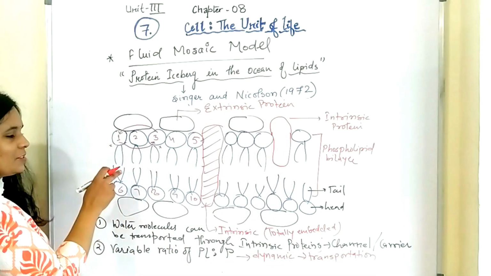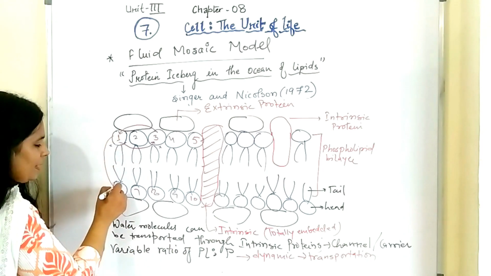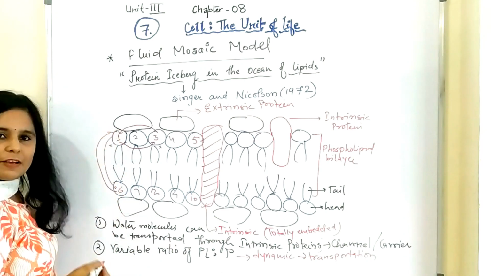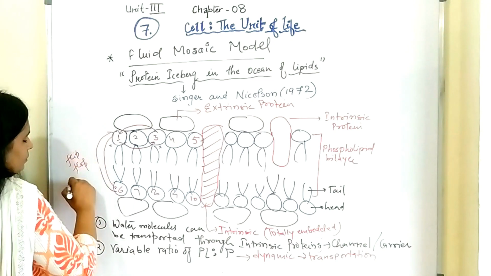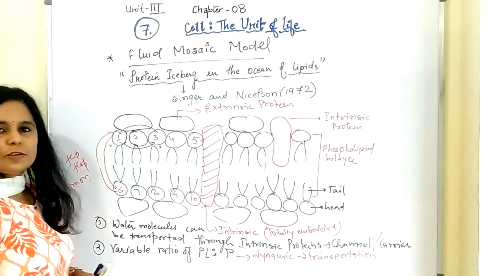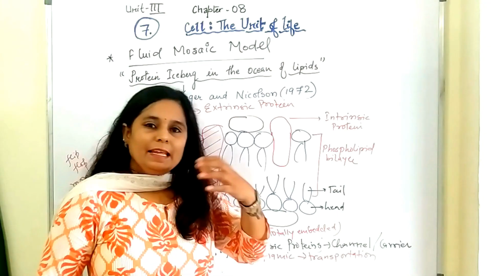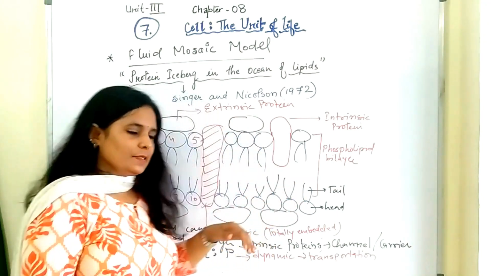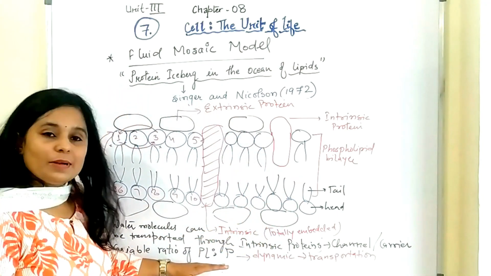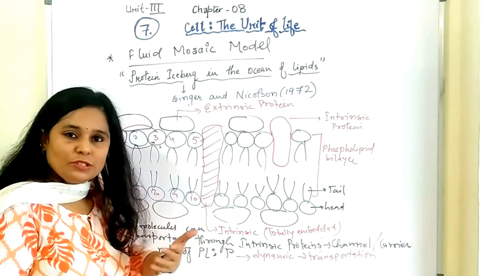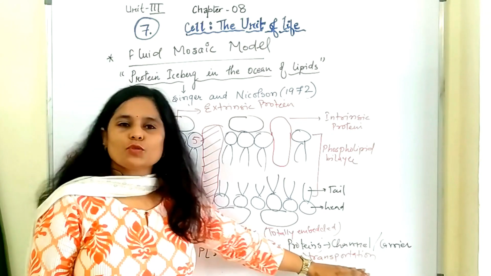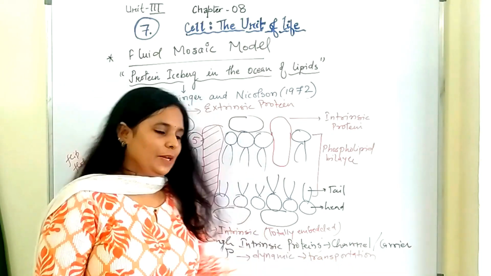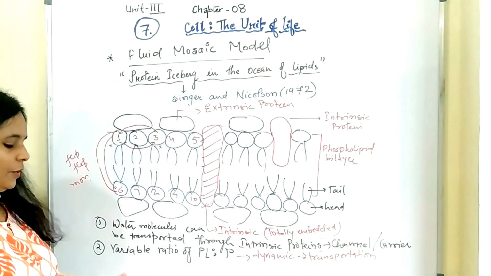So because of this, and one more movement it shows, that is flip-flop movement. So because of these two movements and even the movement of proteins in the membrane, the ratio is variable, the ratio will keep on changing. Because of that, it is dynamic, and that gives a scope for the better transportation. So this is also a very important concept.